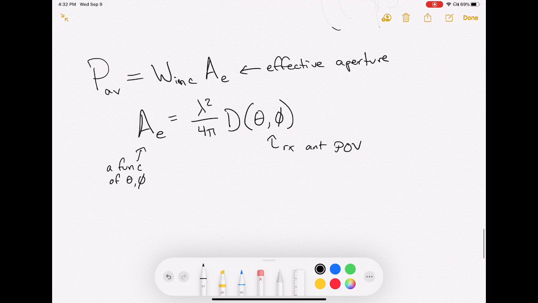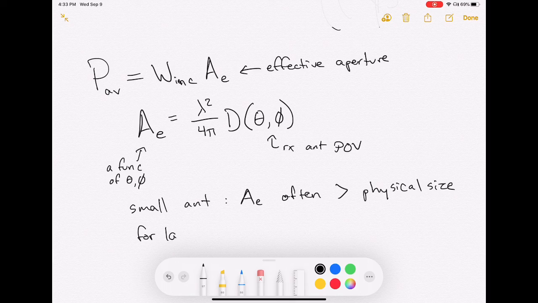For small antennas, effective aperture can actually be considerably larger than their physical size. But for large antennas, the effective aperture can be about the same size as the physical size and usually a bit smaller.